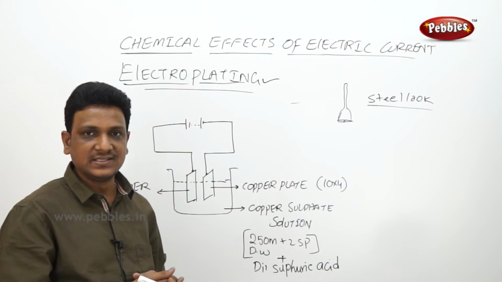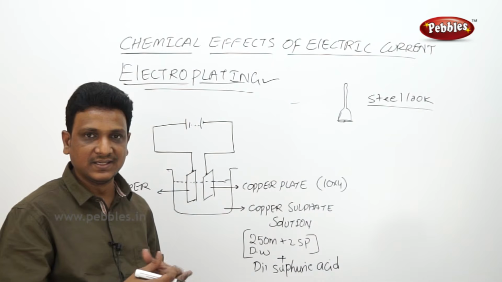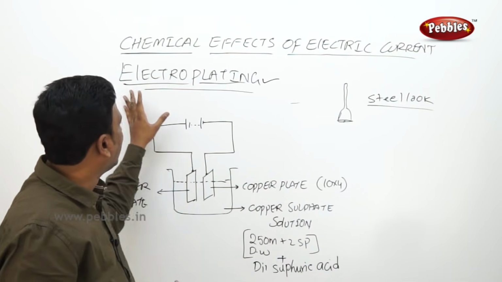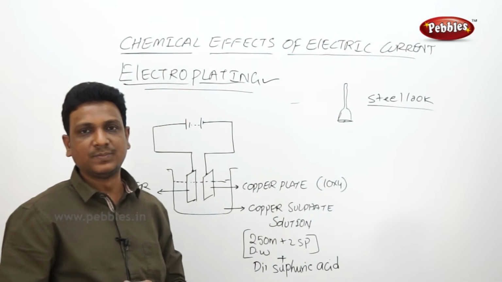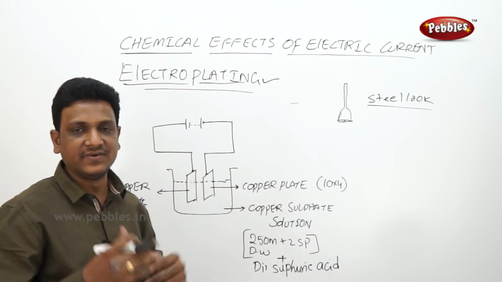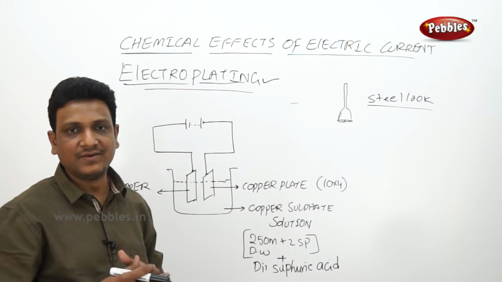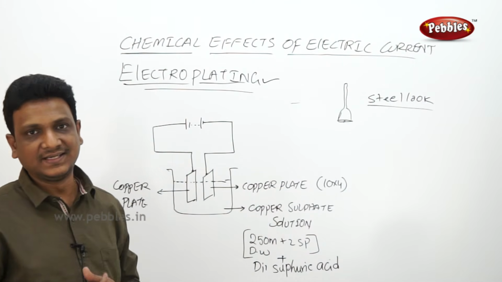Certain parts of vehicles have the steel look, but they are made up of iron and coated by the technique called electroplating. To understand this, we need to look at an activity: how the coating of metals takes place with the electric current.